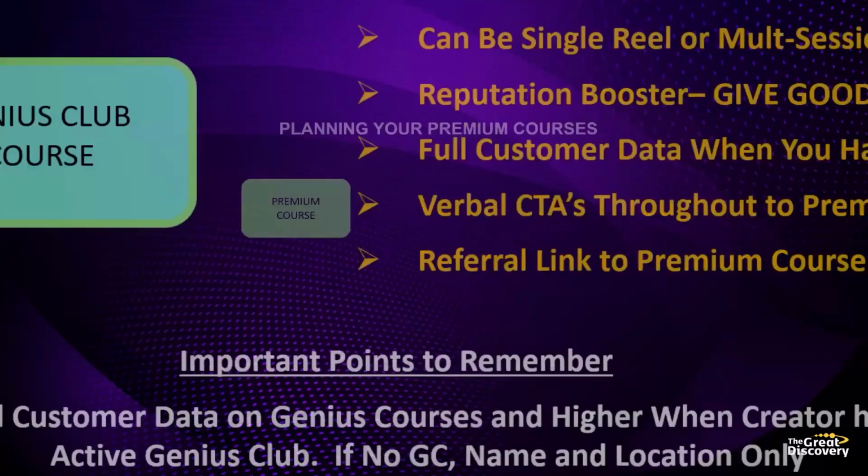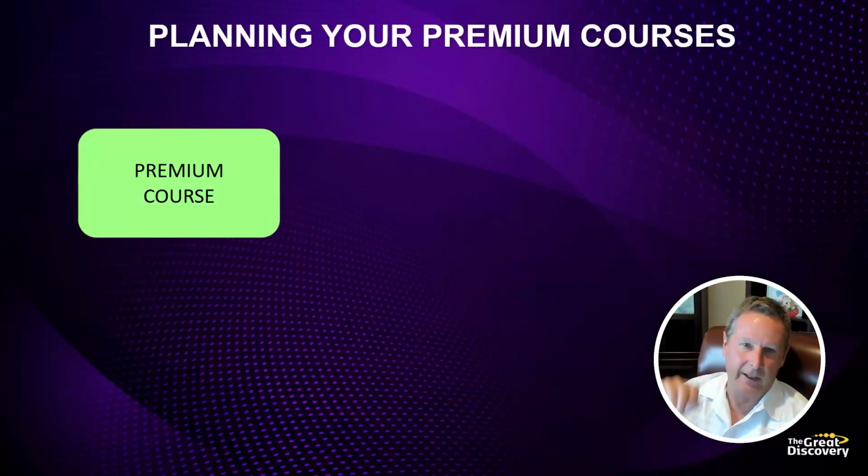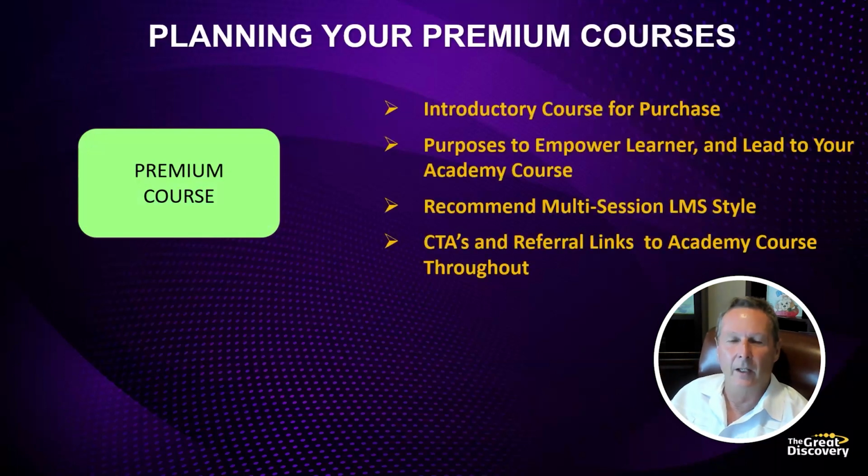Okay. Now planning your premium course, let's look at it from this. Your premium course is your first paid level course. This is an important point on here. This is your first introductory course for purchase. Now, if I was you, I wouldn't jump right in here with a $900 sale. We see it a lot.